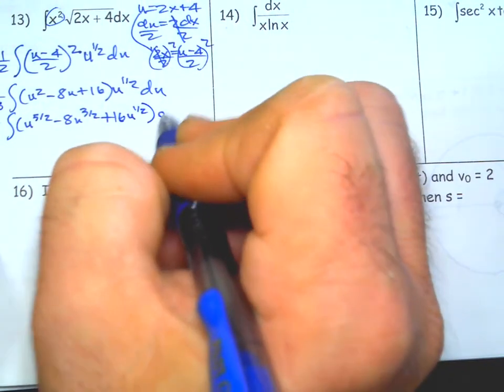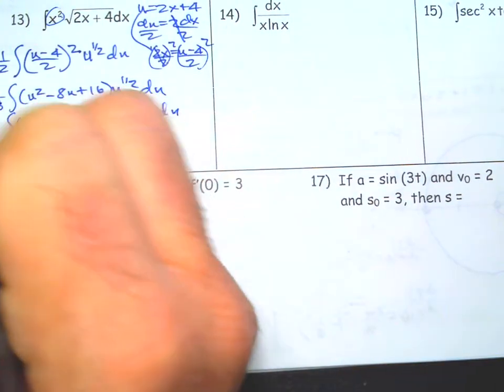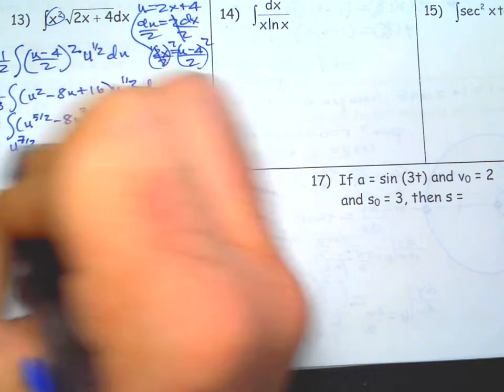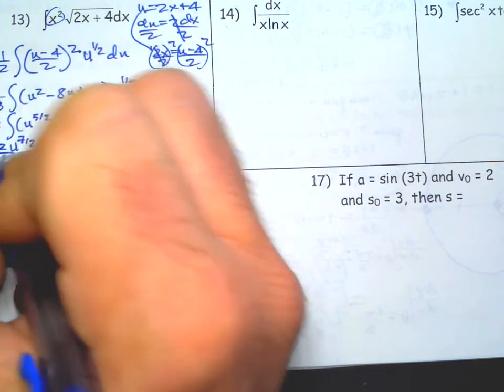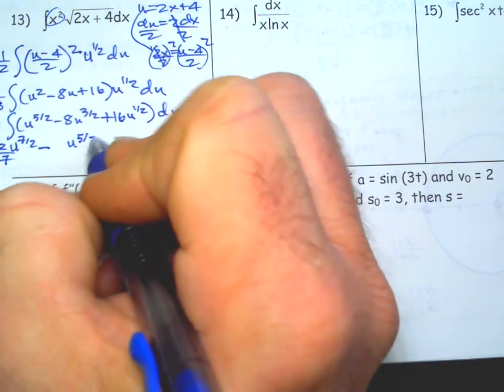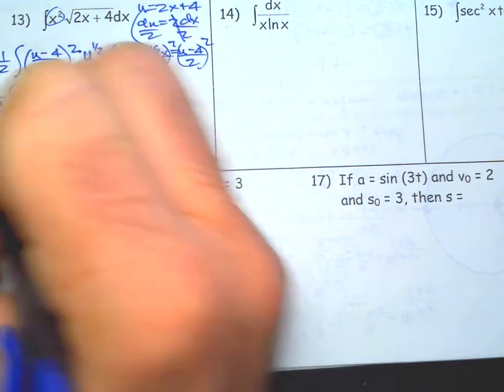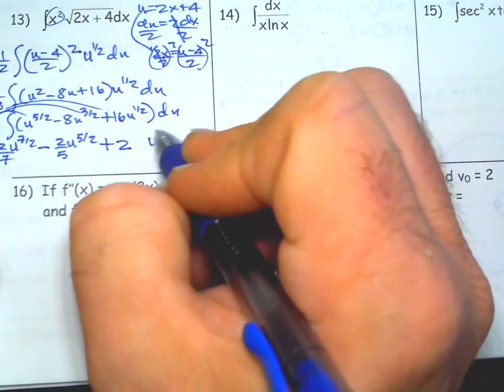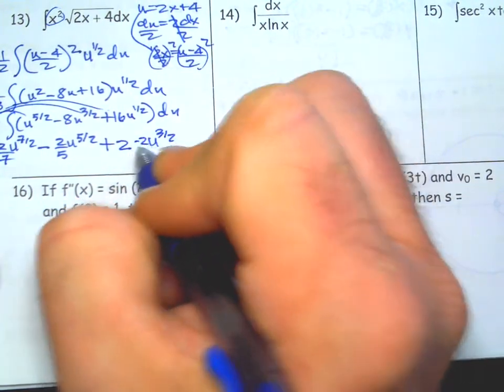Wow, this is kind of a lot of work, but I think we're going to pull it off. So it's going to be u to the 7/2 divided by the new exponent, minus u to the 5/2. The 1/8 gets distributed, plus 2 u to the 3/2 divided by the new exponent, plus c.